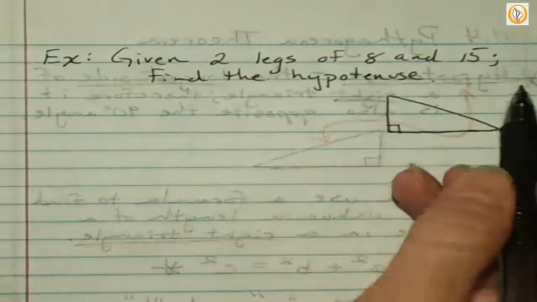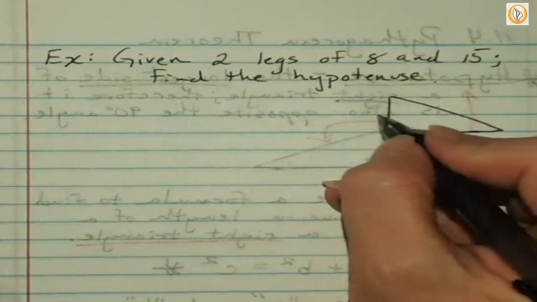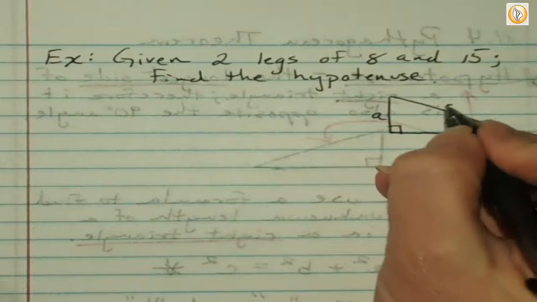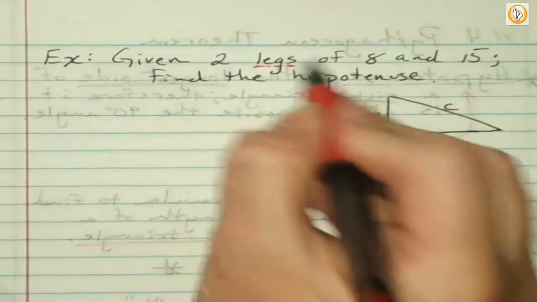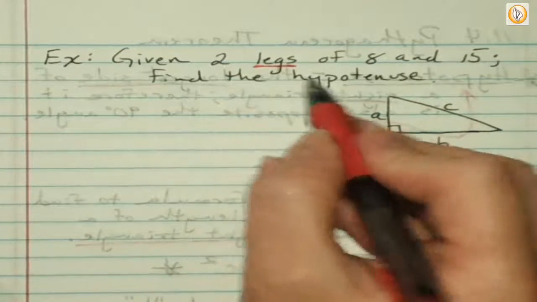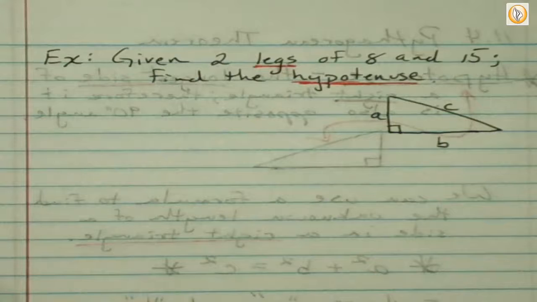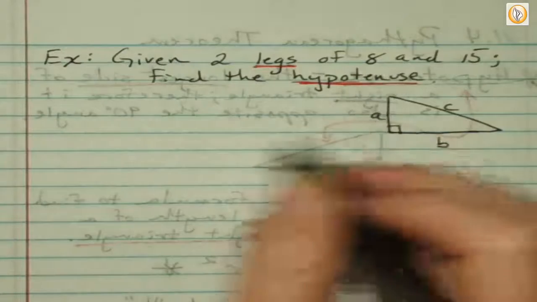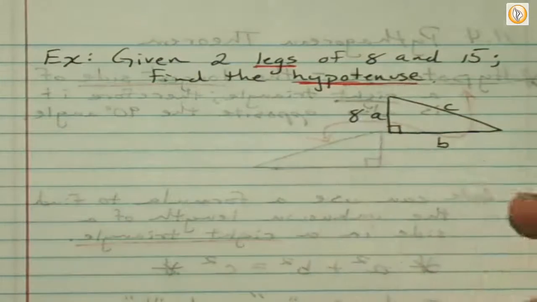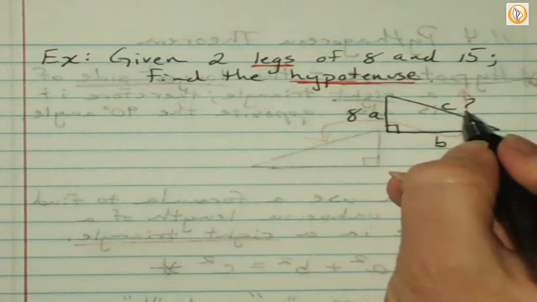They said given the two legs, because sometimes they'll give you the hypotenuse and you have to find a leg. So this time they gave you two legs. 8 is the shortest, so I'm going to put 8 with A and 15 with B. We're trying to find C.